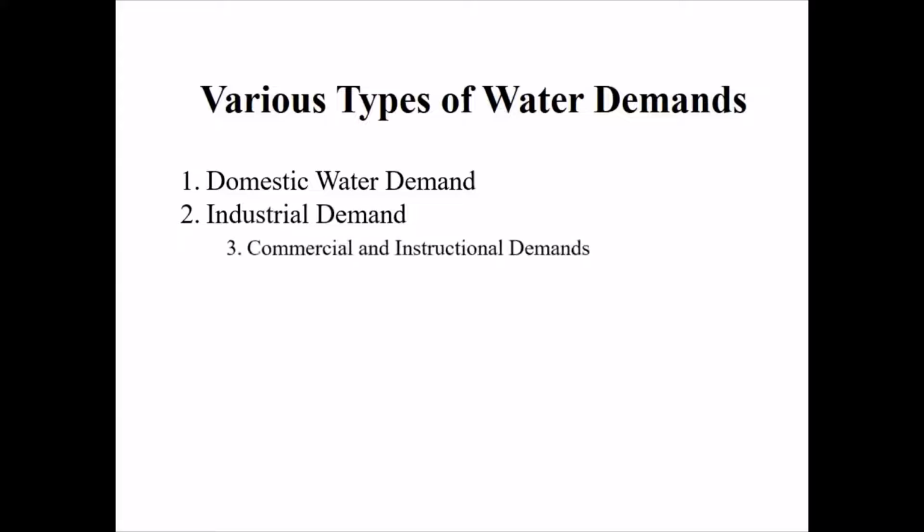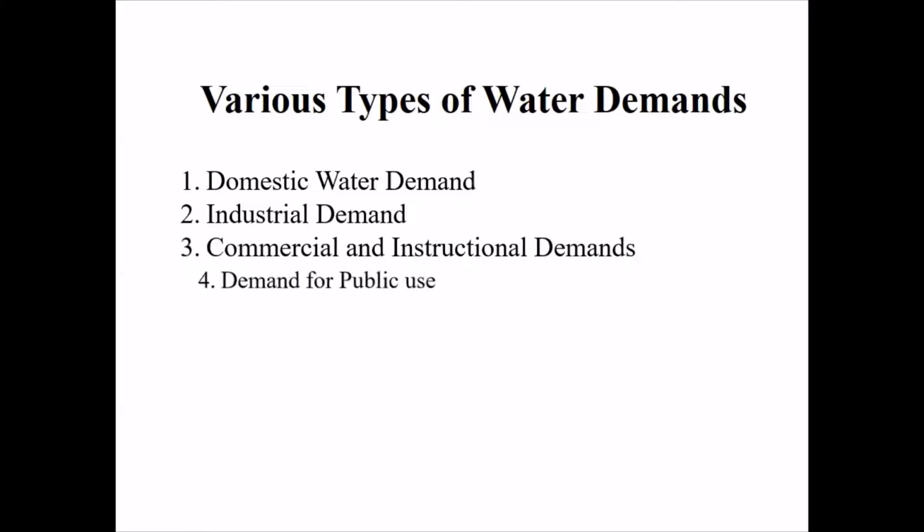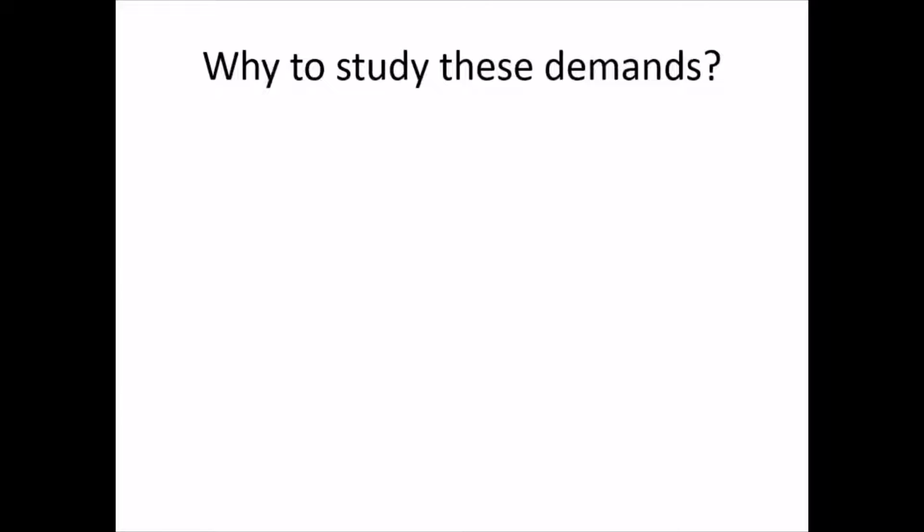In the next slide, we will study the various types of water demand. The following are the various types of water demand of a town or city: domestic demand, industrial demand, commercial or institutional demand, demand for public use, and fire demand. Why study these types of demand?